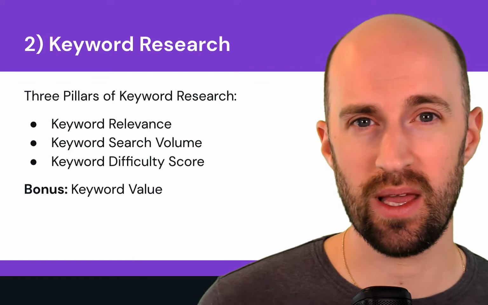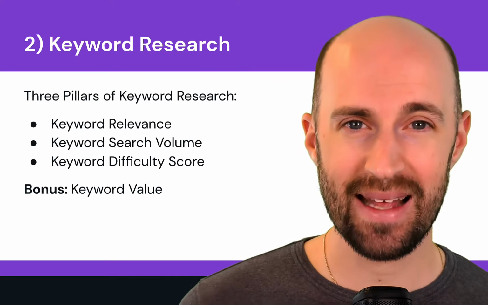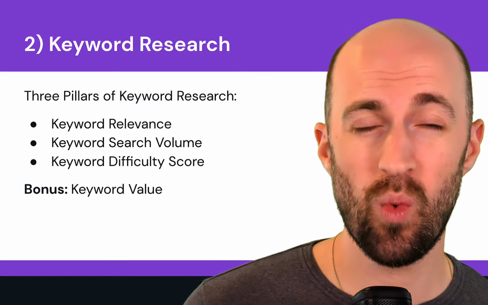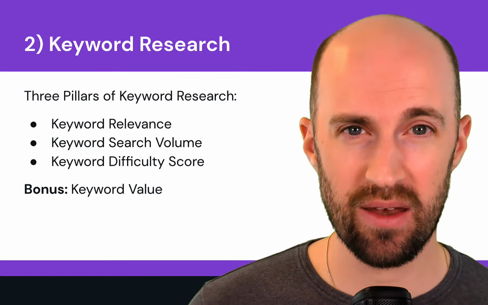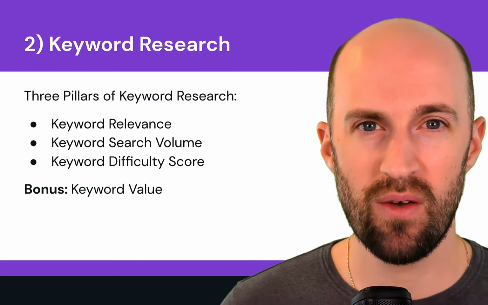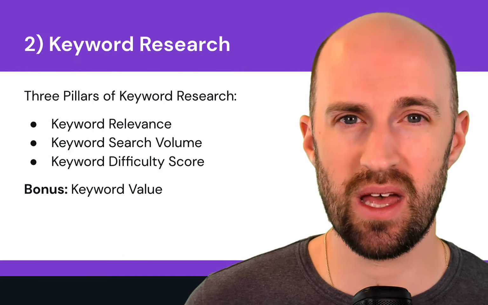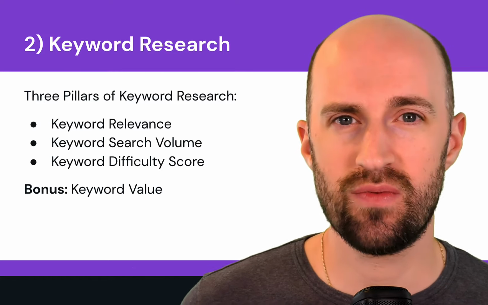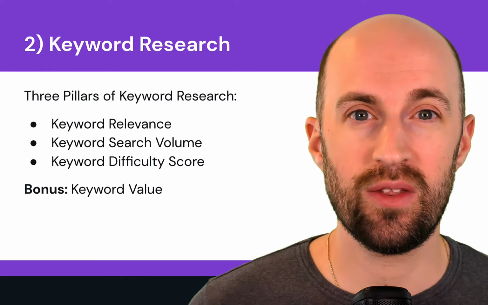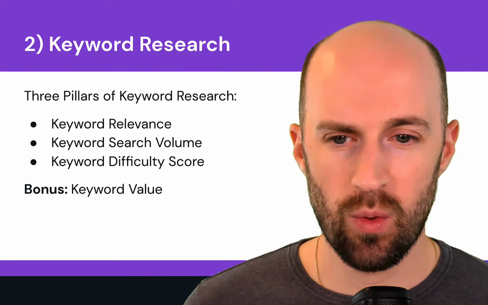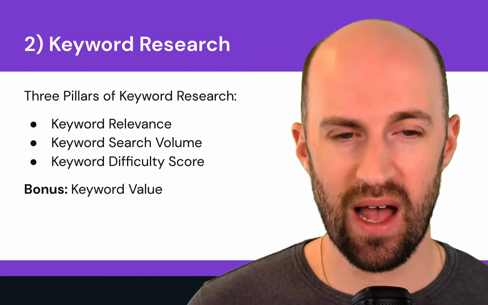So the cost per click in the search ads, and the higher this number, basically the more advertisers are willing to spend per click for that search term. So it means there's commercial viability in that. It means that people are spending a lot of money to advertise for these search terms, meaning that they're also making equivalent amounts. So try to find keywords that also have a high keyword value as well.